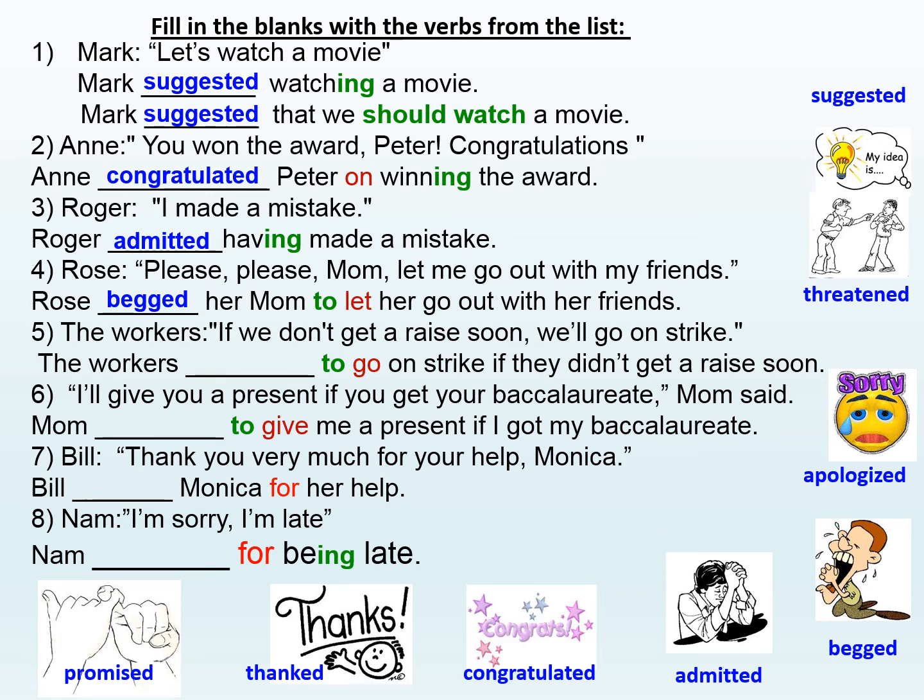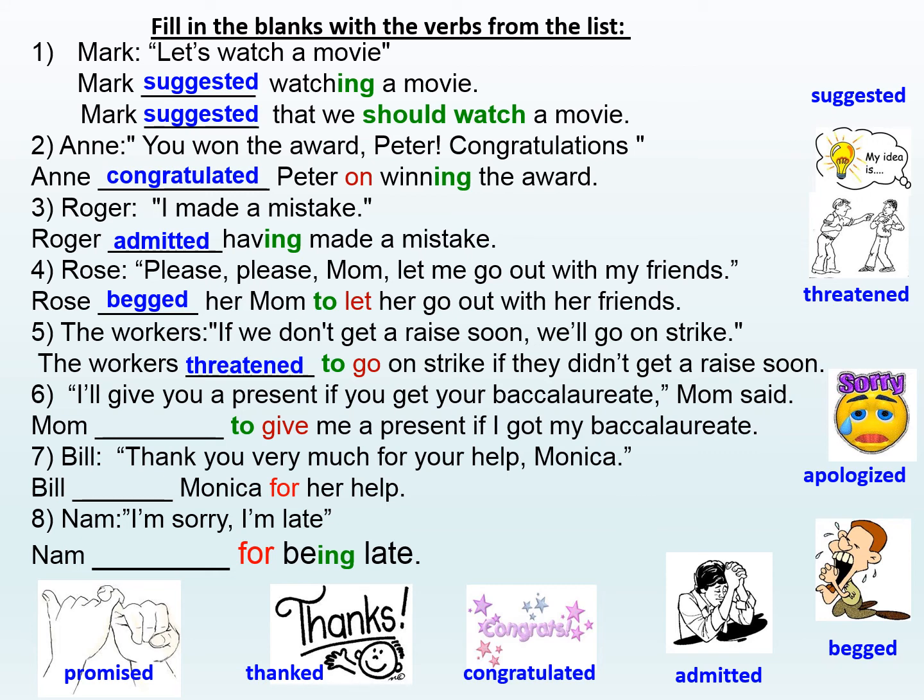The workers said, if we don't get a raise soon, we'll go on strike. So what's this? This is, of course, a threat. So the workers threatened to go on strike if they didn't get a raise soon. So threaten is followed by infinitive.